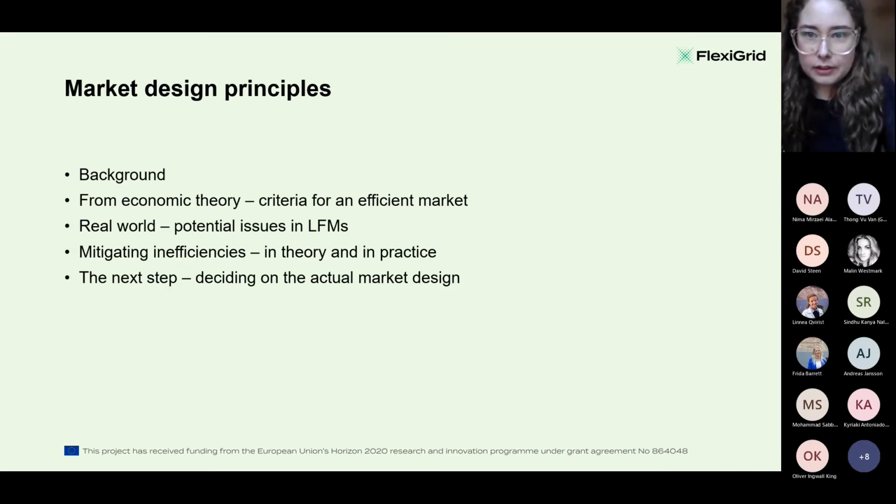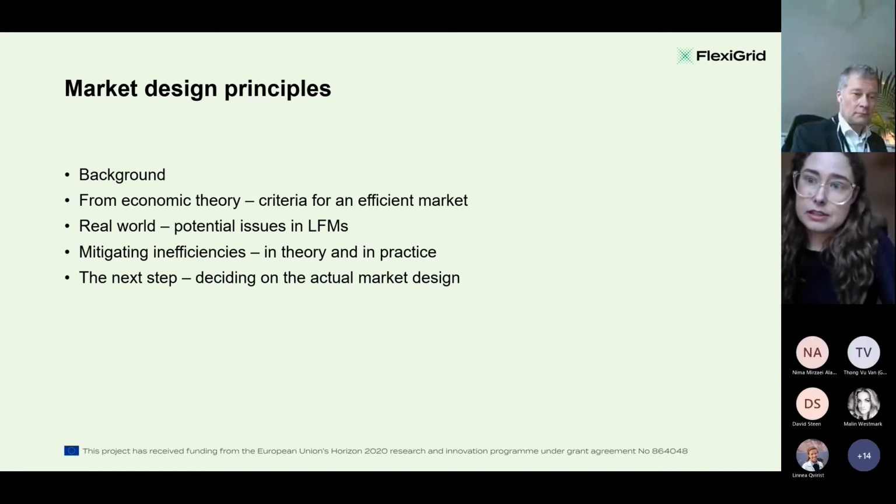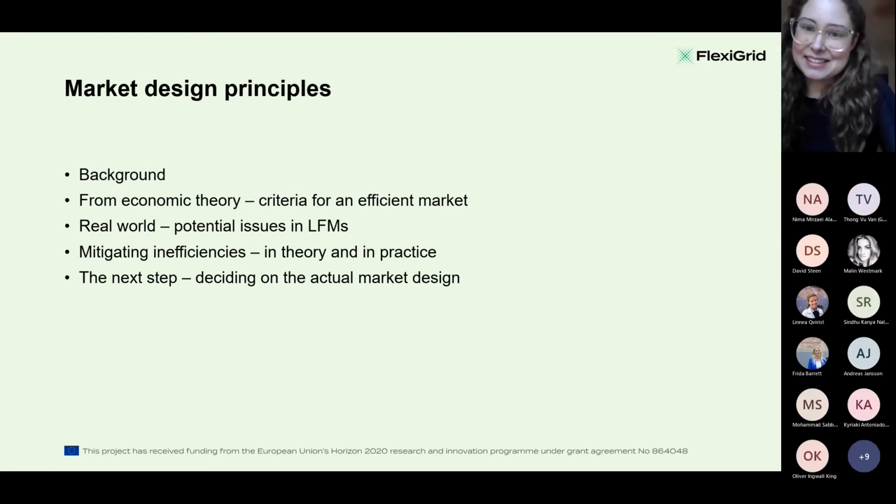And we will go through some background and talk about what is an efficient market from a theoretical standpoint. What are some of the potential issues that we can see with local flexibility markets in the real world? How can inefficiencies be mitigated? And last, some things to have in mind when deciding on market design.